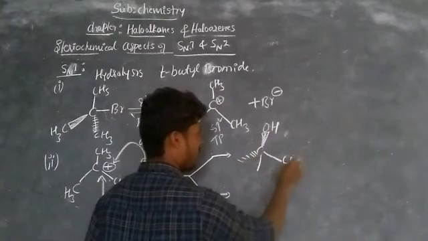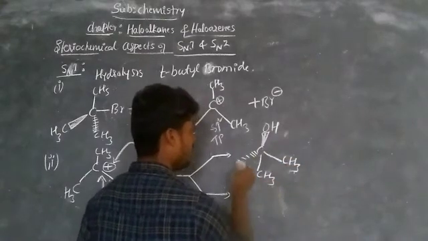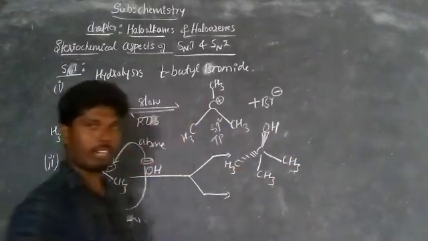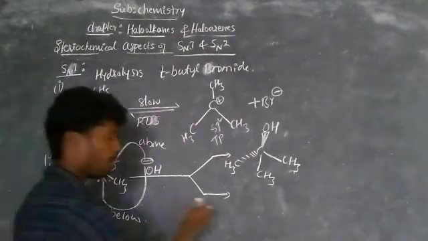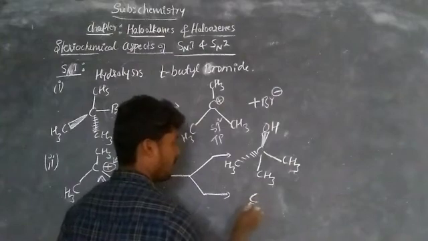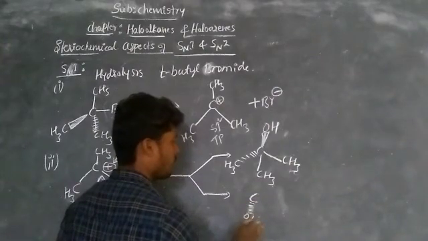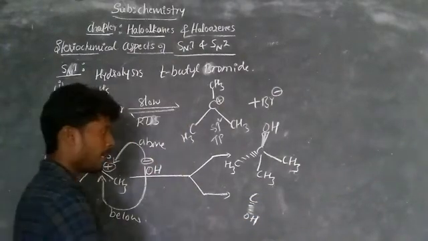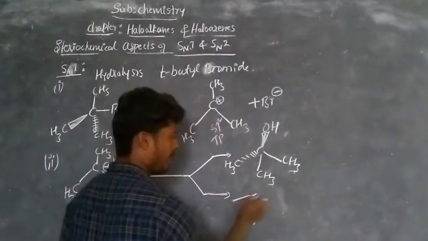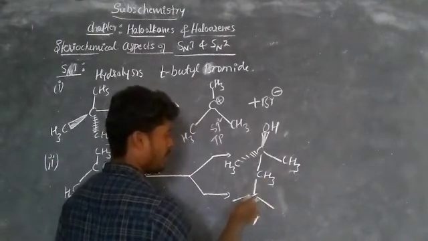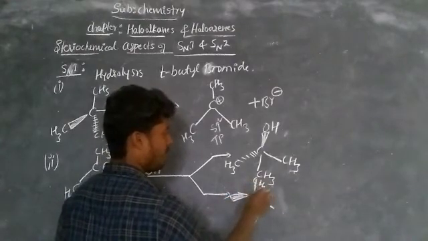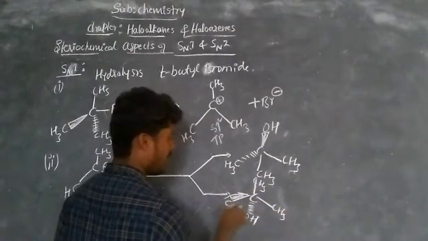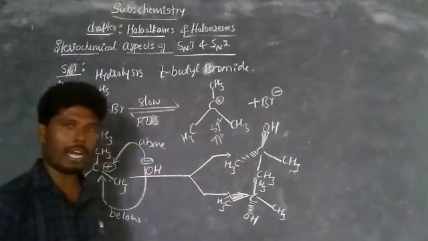Now if it is attacked below the plane, the OH is below the plane, and the remaining three groups are one above the plane and two on the plane. So you get two isomers.